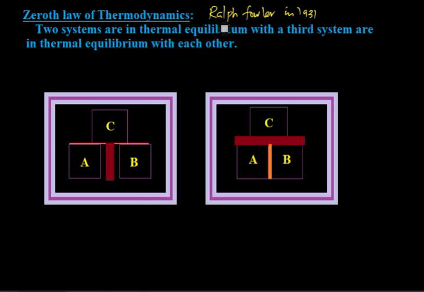So when two systems are separated by a diathermic wall, they will be in thermal equilibrium. Now the zeroth law of thermodynamics says that if two systems are in thermal equilibrium with a third system, then they are in thermal equilibrium with each other.